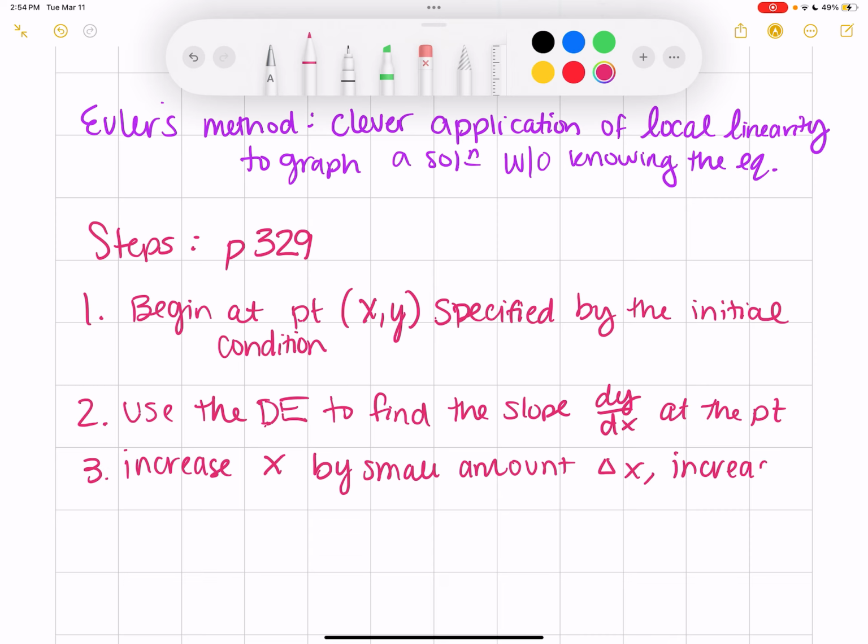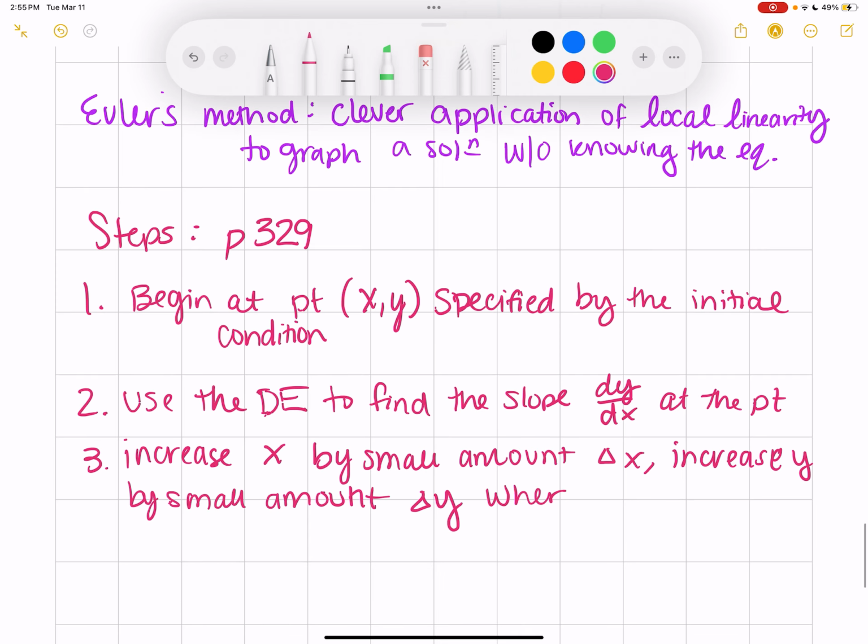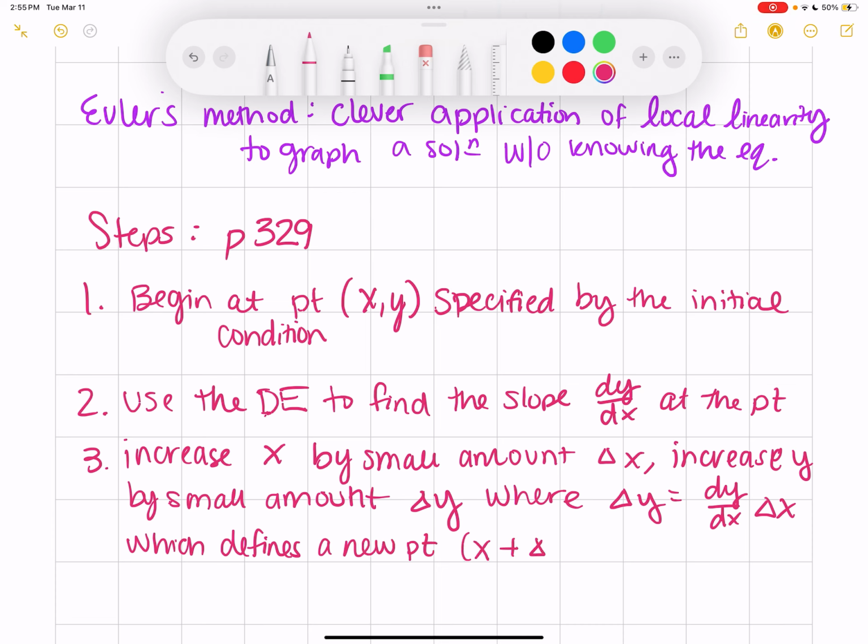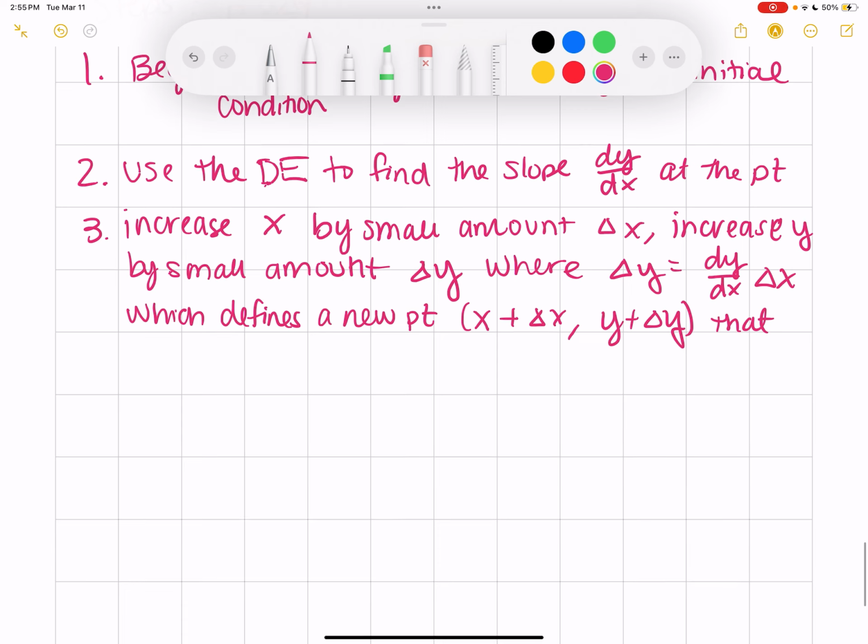Increase y by a small amount, delta y, where delta y equals dy/dx times delta x, which defines a new point, x plus delta x, y plus delta y, that lies on the linearization.